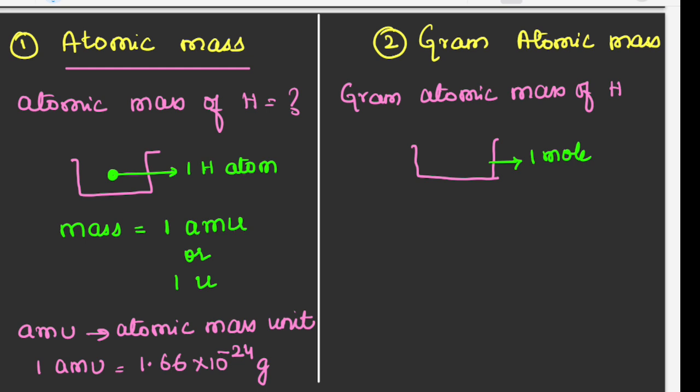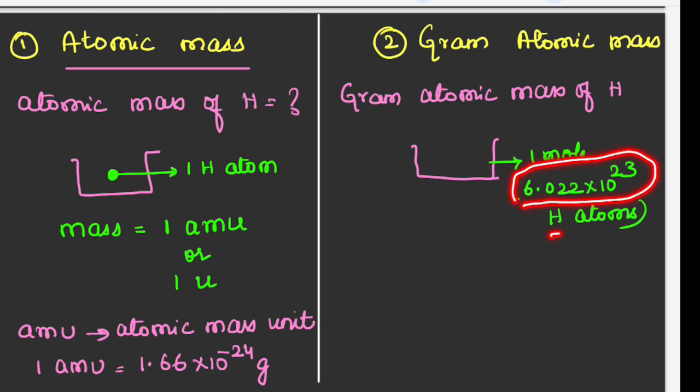So 1 mole means how many atoms will be there? 1 mole will be equal to 6.022 into 10 to the power of 23 hydrogen atoms. So many atoms. Can you see here? Here we have taken only one hydrogen atom. Here we have to take 6.022 into 10 to the power of 23 hydrogen atoms in the beaker.